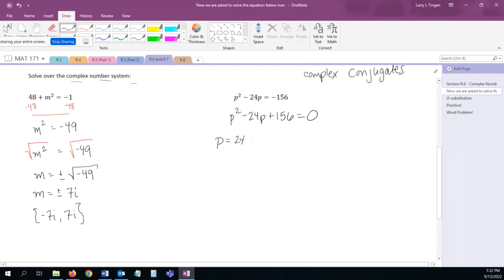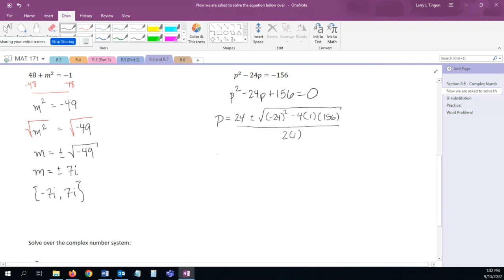Opposite of b means -24, which is 24, plus or minus the square root of 24 squared minus 4ac. I was taught a long time ago that the sign of b does not matter at that step. So if you see me skip that part and just write it as positive, the reason is for some reason I'm still trying to save paper from 20 years ago.